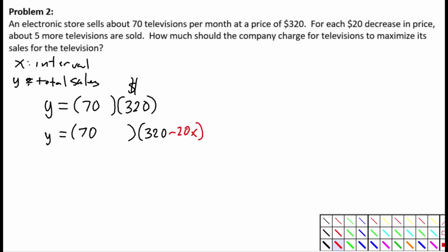So every time I'm going to decrease by $20. But every time we decrease by $20, we need to increase the number of TVs that we sell by 5. So we need to go over here now and add in 5x. So every time we decrease by $20, we need to increase by 5 the number of televisions we sell.